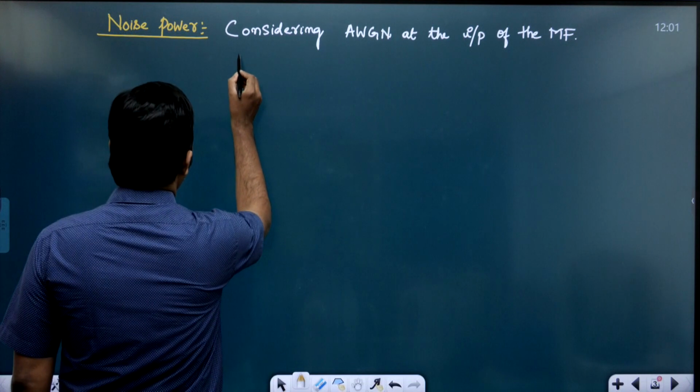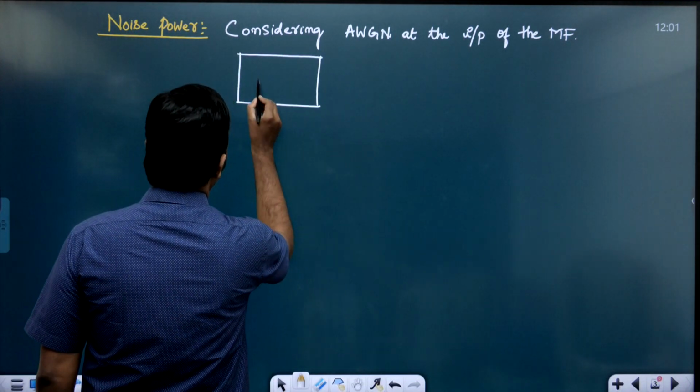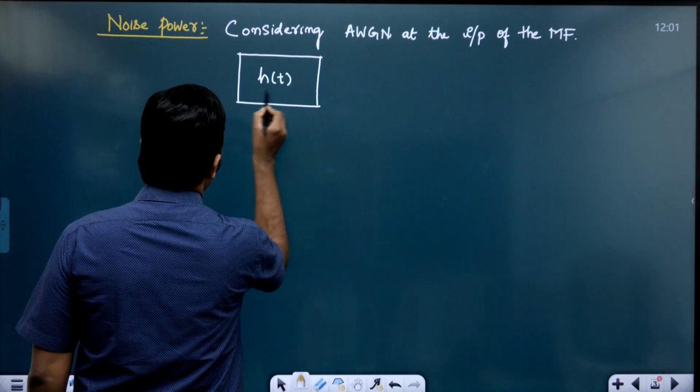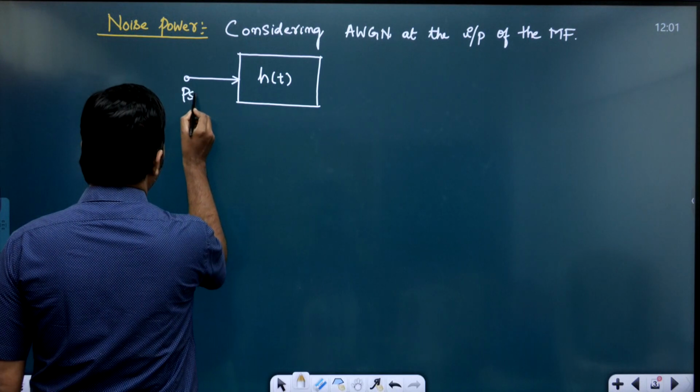Now it can be shown like this. This is my matched filter with impulse response h of t. Additive white Gaussian noise means it has got constant power spectral density.